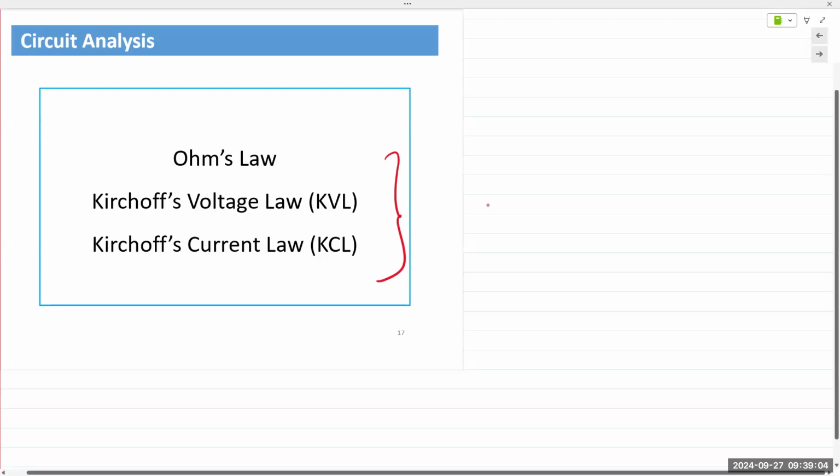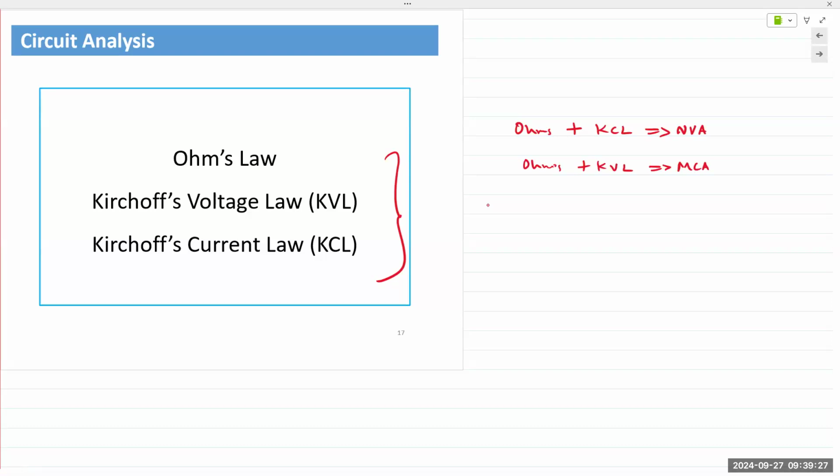You do nodal analysis. Node voltage analysis is basically Ohm's law plus KCL. Ohm's law plus KVL gives you mesh current analysis. Superposition is simply breaking up the circuit into individual pieces with only one source active at a time.